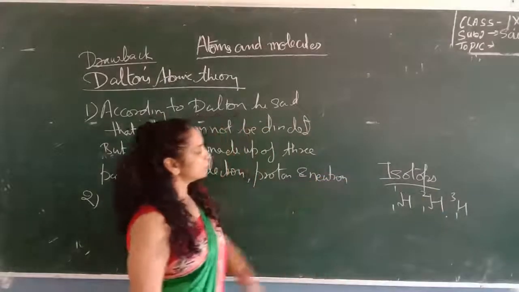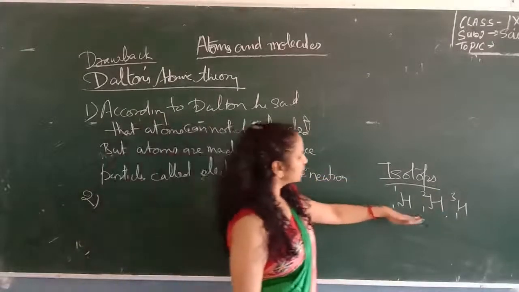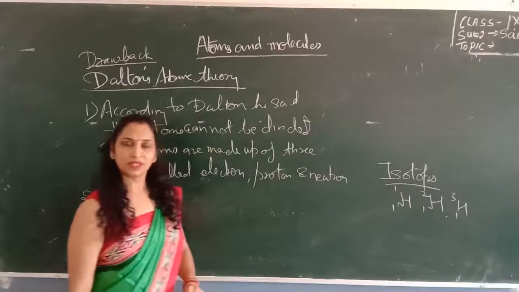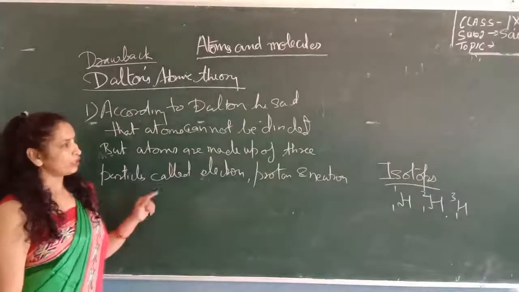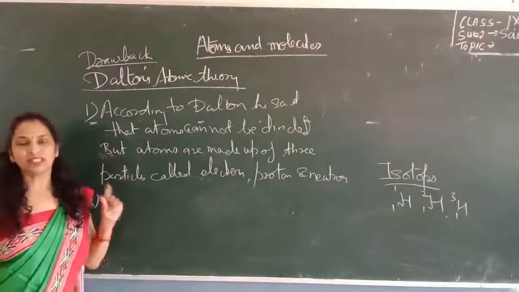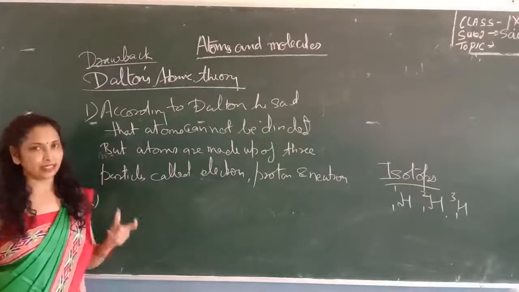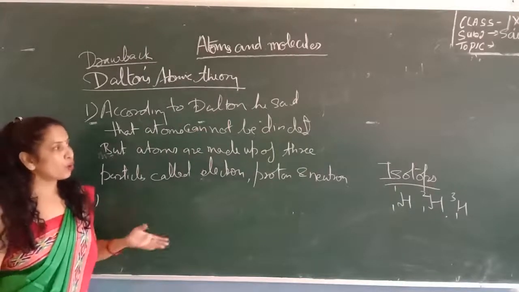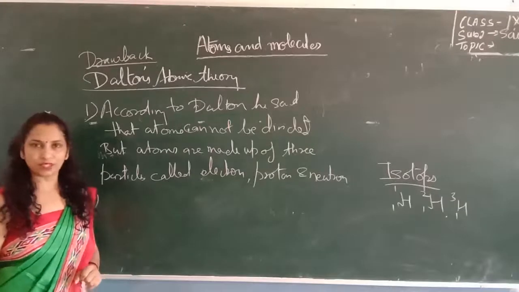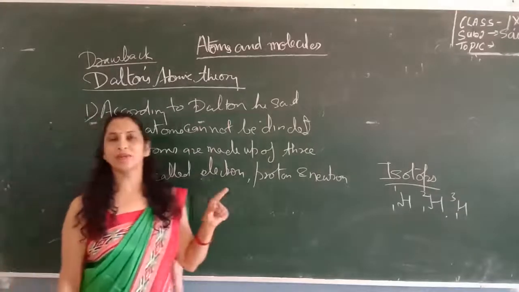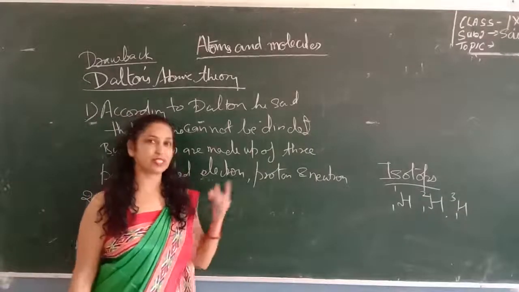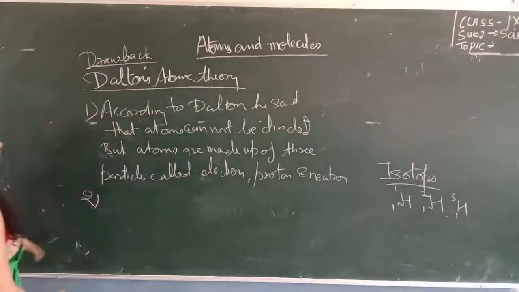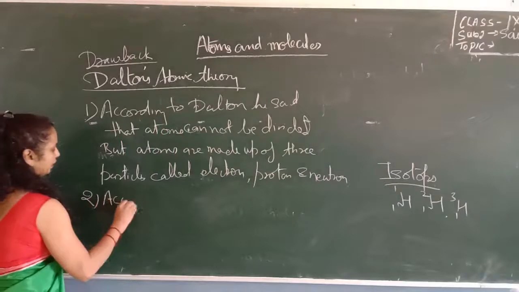Though they are the same atom, hydrogen, their mass is different. So Dalton said that the atoms of the same element should be identical in every respect, but it was wrong in the case of isotopes.